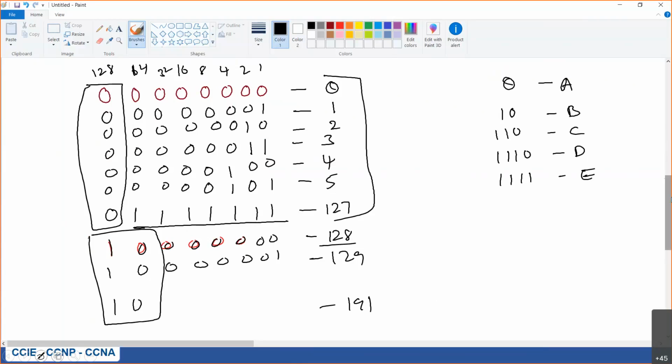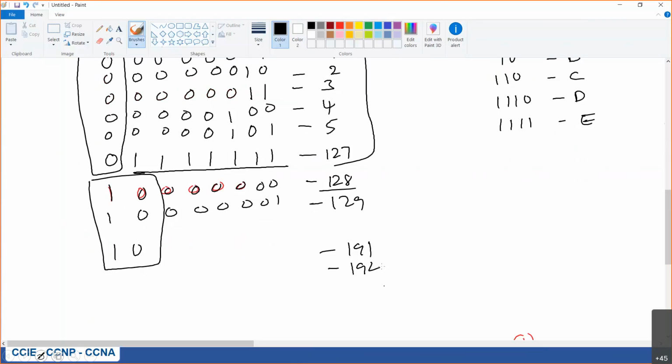What is the 192 value? 1 1 0 0 0 0 0 0. So up to 223, 110 is common. Here it will change. Is it clear now, everyone? Yeah, good.